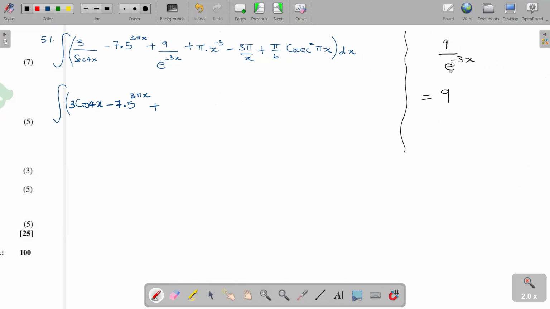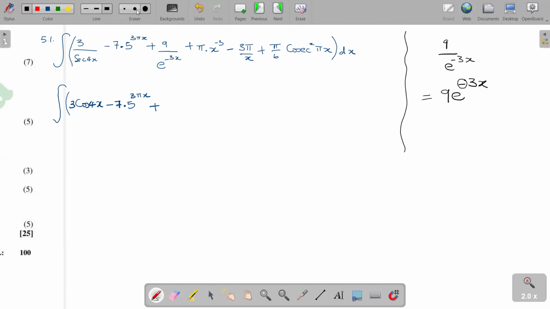The moment we put this denominator on the numerator, the sign changes. It was a negative, but the moment we shift it from the denominator to the numerator, the negative sign goes away.